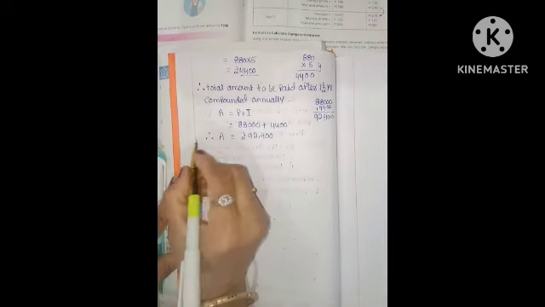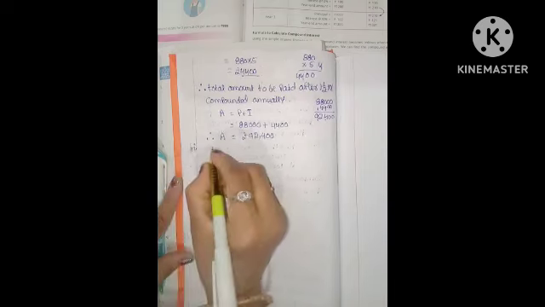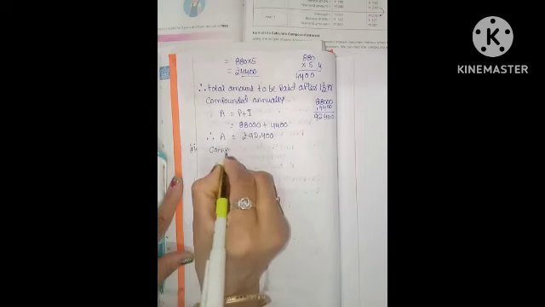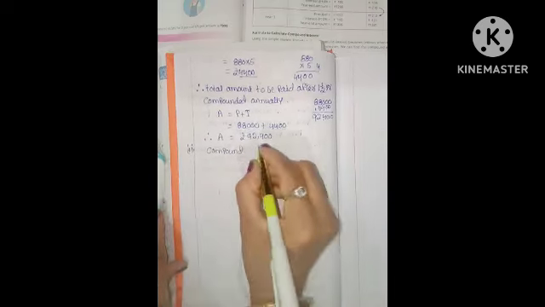Next we have to find out the second one. The second one is compounded half yearly.